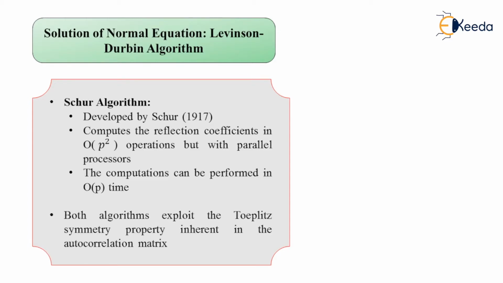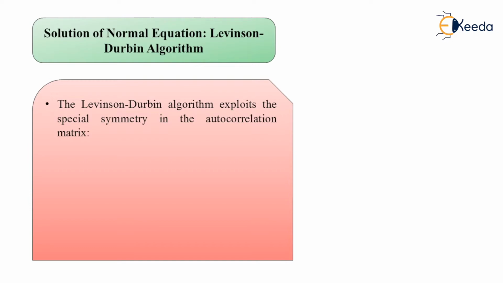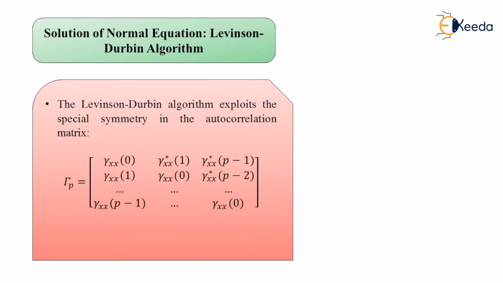Here we know that both the algorithms exploit the Toeplitz symmetry property that is inherent in the autocorrelation matrix, the second order statistics. So here we start with the Levinson-Durbin algorithm, which exploits the spatial symmetry in the autocorrelation matrix. The matrix can be denoted by capital gamma suffix p, and here you see the first row having gamma suffix xx of 0, the second element is gamma suffix xx conjugate of 1, then up to the conjugate of gamma suffix xx of p minus 1.